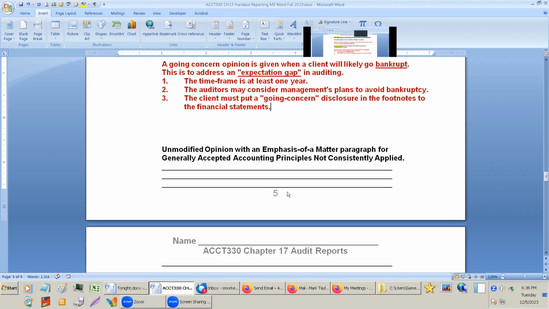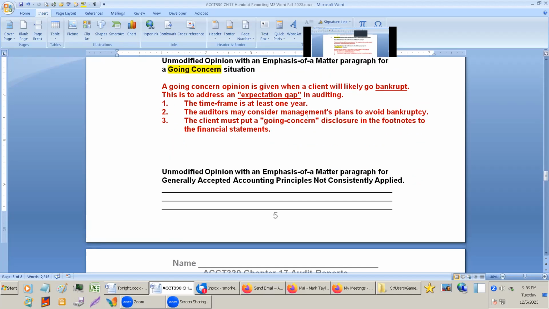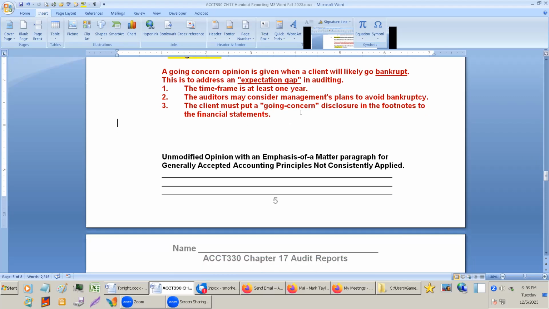Okay, so the client must put a going concern disclosure in the footnotes of the financial statements. So this is one of those things, the client actually has to put it in the footnotes that they possibly could be going bankrupt within whatever their time frame is. It has to be at least a year. But so it will be disclosed.